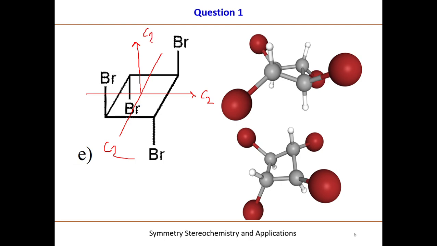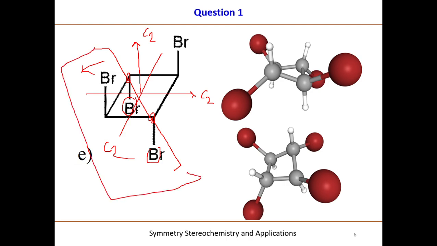So the plane passing between these two, if we pass the plane this way, considering these two atoms and these two atoms, passing through these four atoms, then if we see this side of the plane and this side, they are identical.